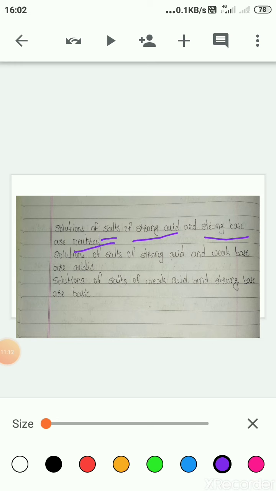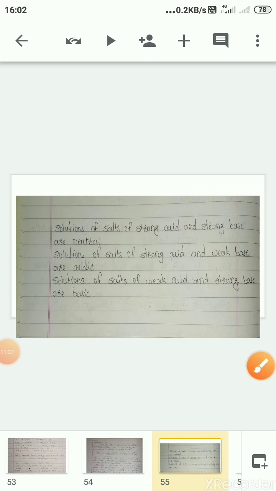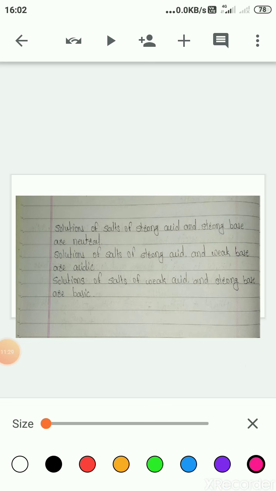That means if we have taken a salt which is derived from strong acid and strong base, then their solution is neutral.